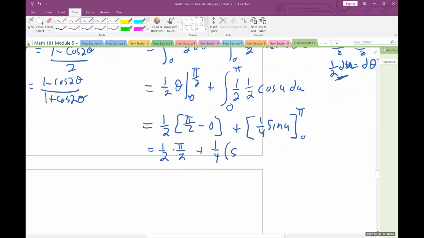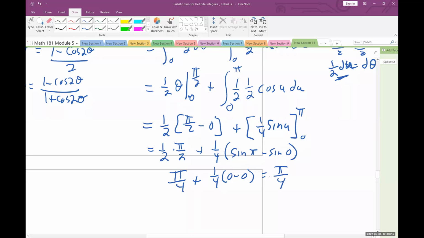So we're looking at sine of pi minus sine of 0. Anyone know what sine of pi is? Zero. It is 0. How about sine of 0? Zero. It is also 0. Good. So 1/4 of 0 minus 0. So it's pi over 4.